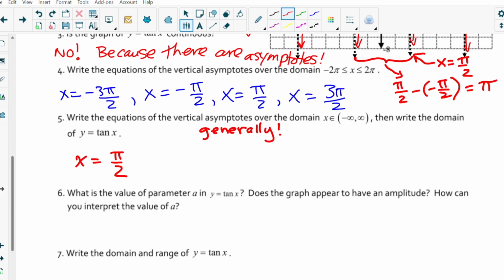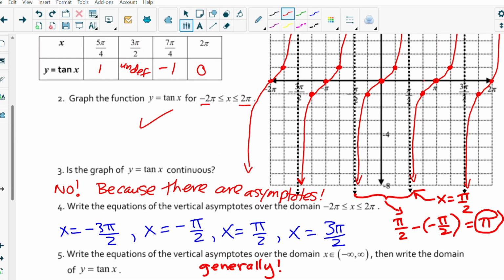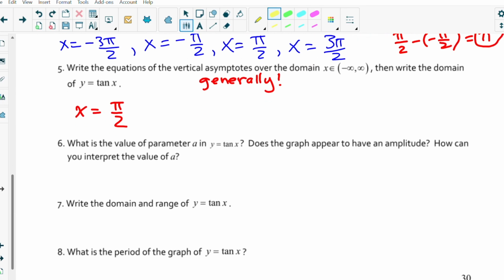How do I make it vary every pi units? That's the spacing between each of the asymptotes for y equals tangent of x. Well, I can add pi units, but I need a general format, so I'm going to multiply by n, where n is an element of all integers.